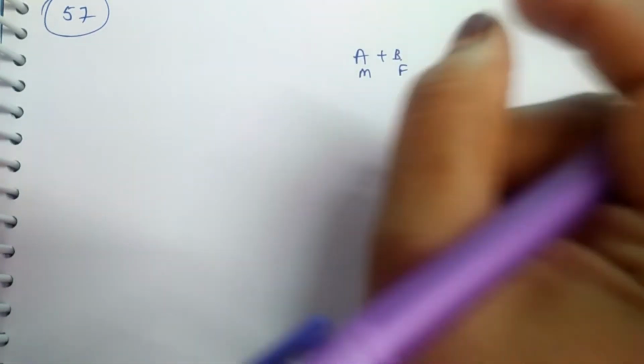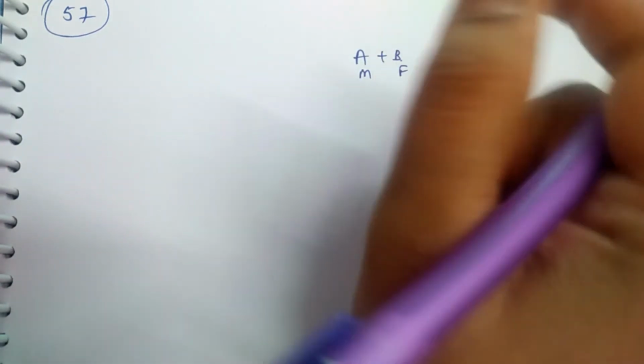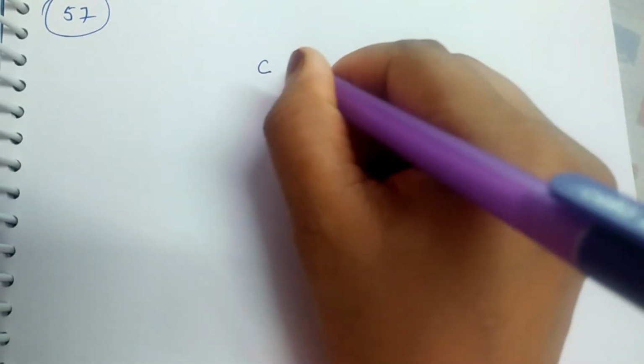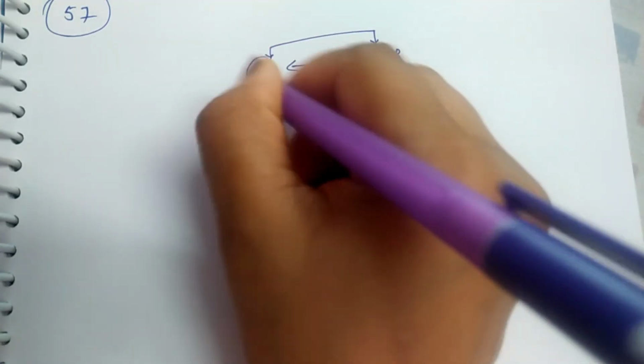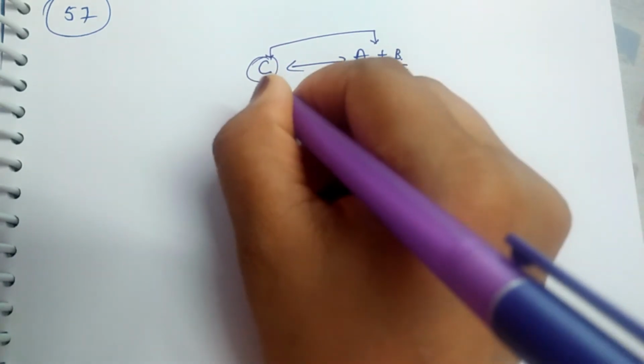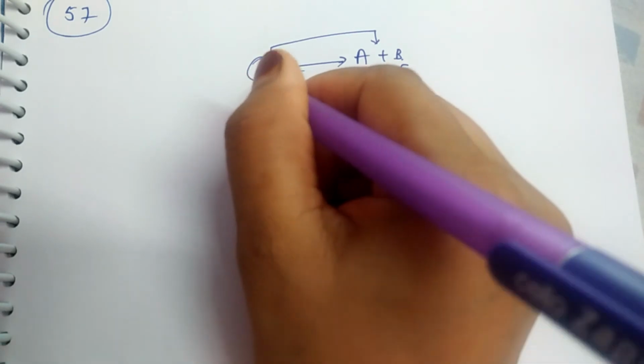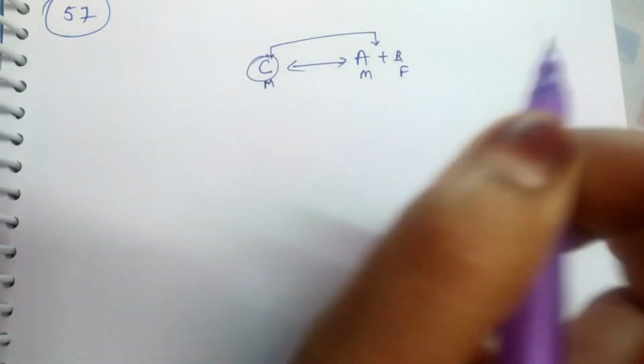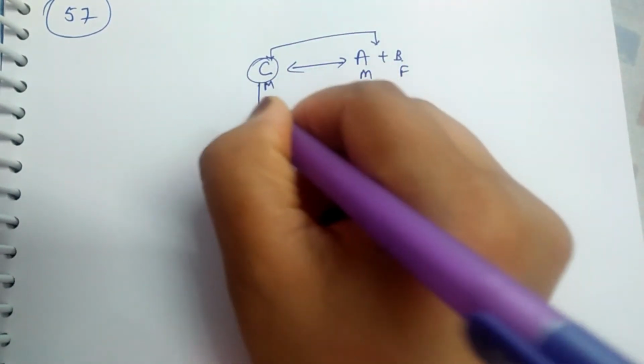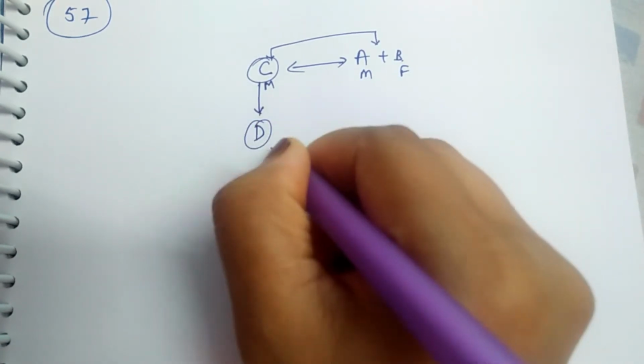It doesn't mean that D is a brother of A. It means that C is the brother of A. Okay, they have this equal relationship. C is a brother. It means that C is a male. From this brother term we can get it. Okay, and D is the only son of C. It means that D is also a male.